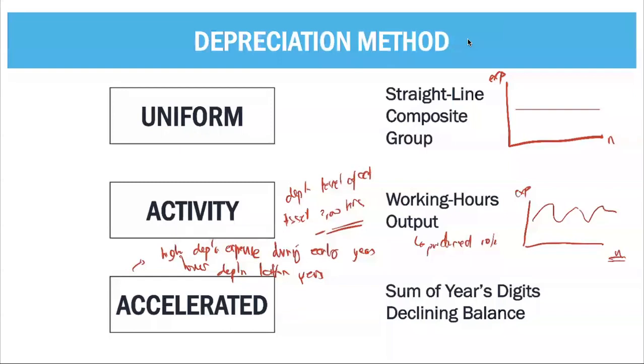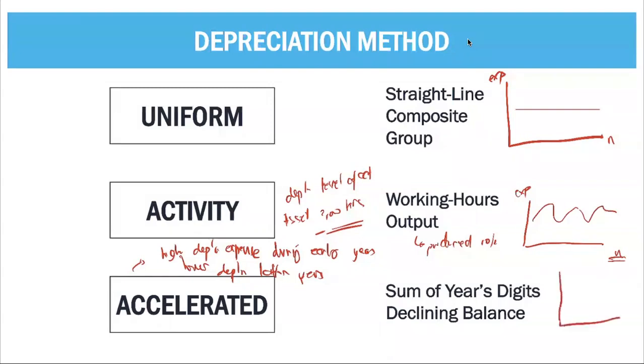In your accelerated, it follows the principle that your asset is more usable during its early years rather than in its later years. Therefore, you must provide higher depreciation during its early years. So mas gamit na gamit daw yung asset, or mas ginagamit natin siya, or mas okay or efficient yung asset during early years kaya mas mataas yung ating depreciation. Kesa sa latter years, kailangan mas mababa na.